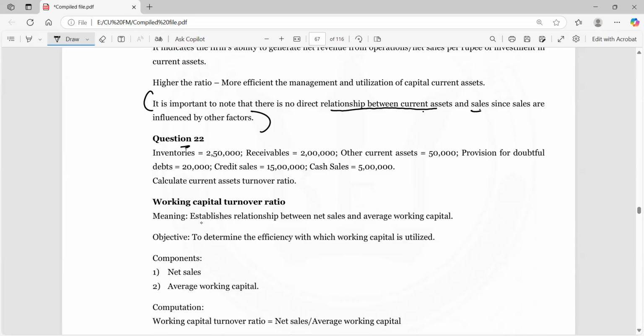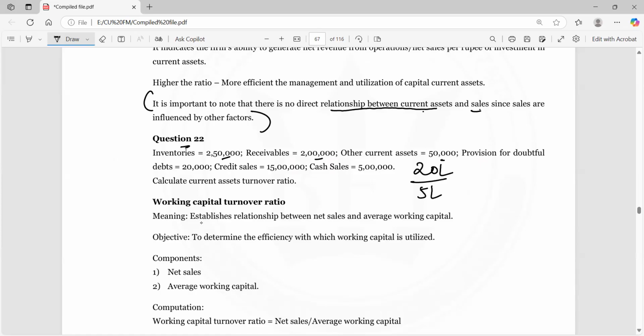This ratio is not very much useful because there is no direct link between current assets and sales. Current assets are 5 lakh. So 20 lakh divided by 5 lakh.